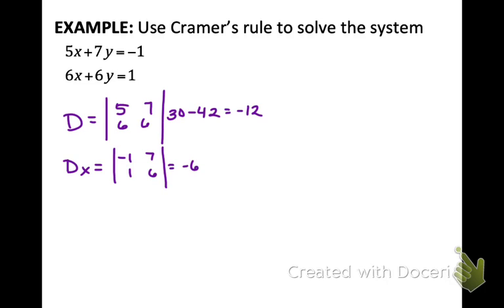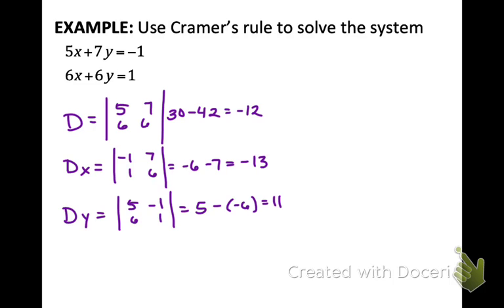So negative 6 minus 7, which is negative 13. Do the same thing for your y. So my x column stays 5, 6. And now my y column goes to negative 1, 1. Which gets me 5 minus a negative 6, which is 11.